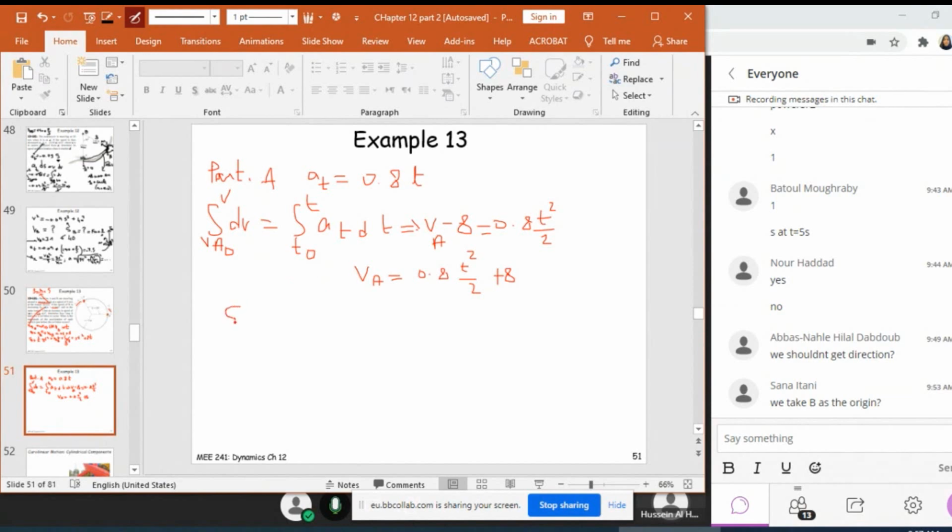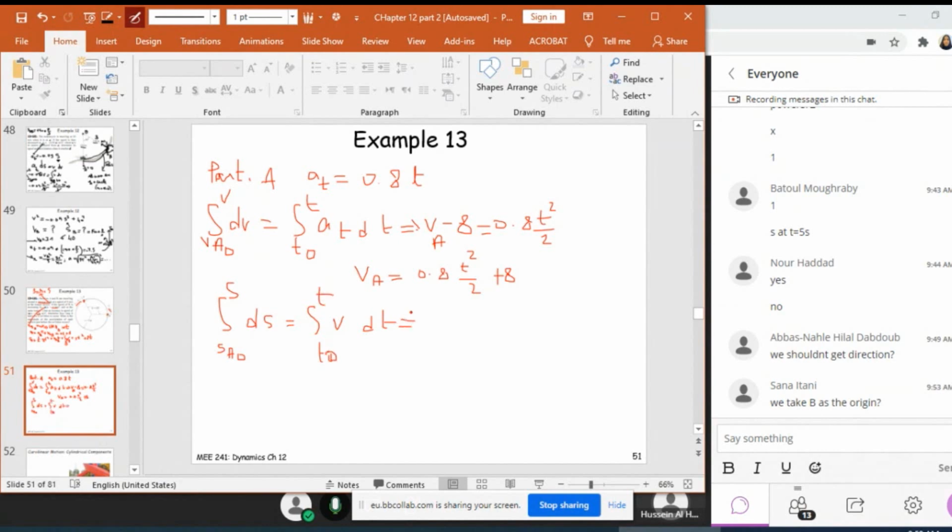This is VA. And then you can find SA using the same concept. So I'm going to do the integration of dS between SA0 and S. This will be the integration of V dt between t0 and t.